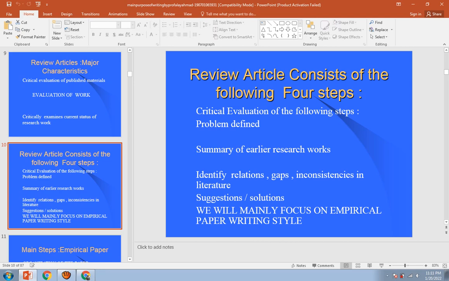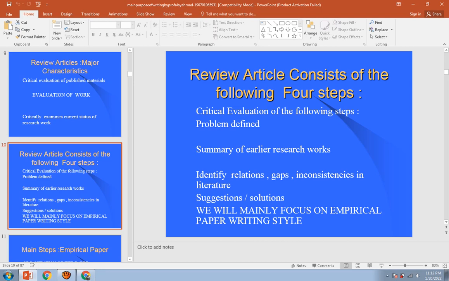Now I will define what a review article is. A review article consists of the following 4 steps. Critical evaluation of the following step. Problem defined. Examine the problem. To what extent the problem is related to the title. To what extent the problem has some significance.